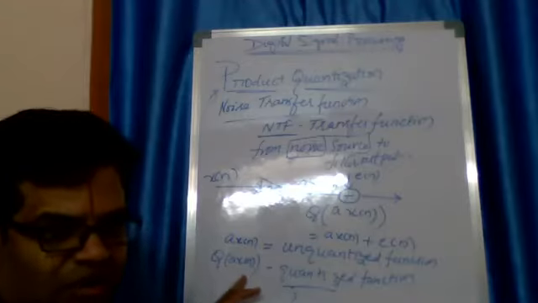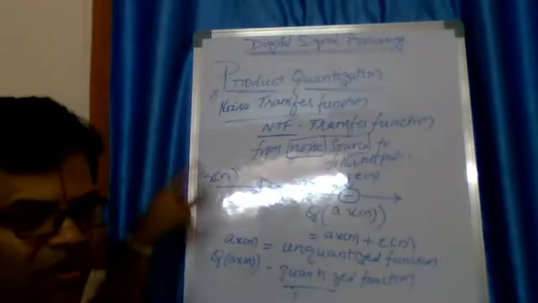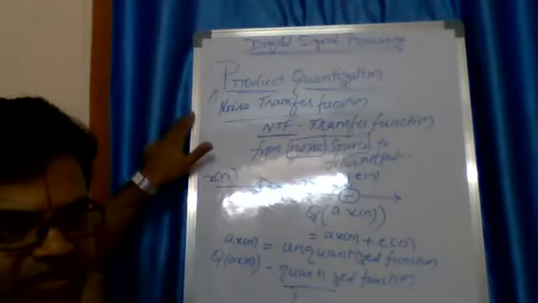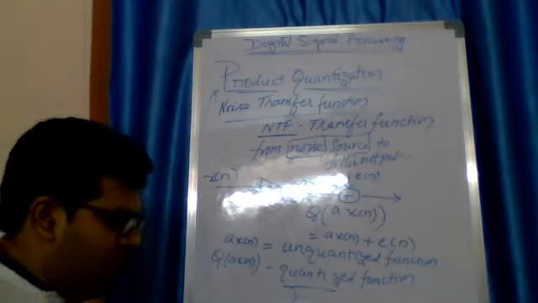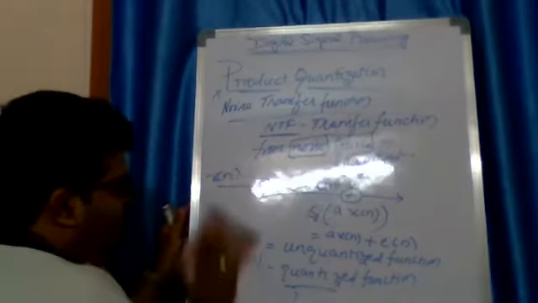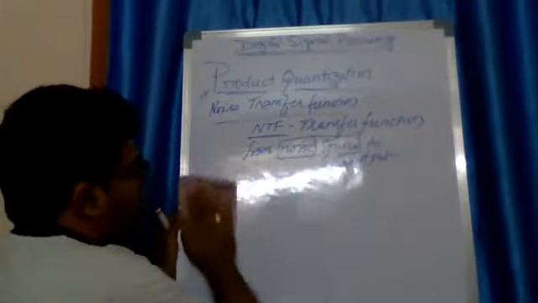So you are taking the product of these two terms. It is quantized and hence it is product quantization, right? This is how we generally give the equation for the product quantization.